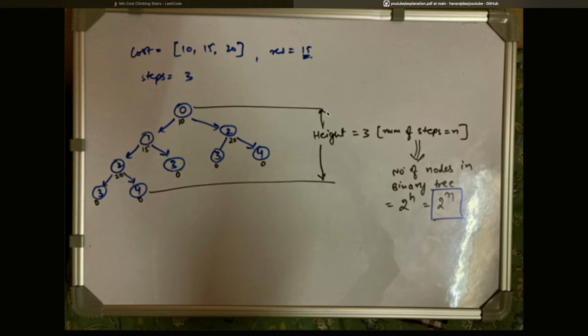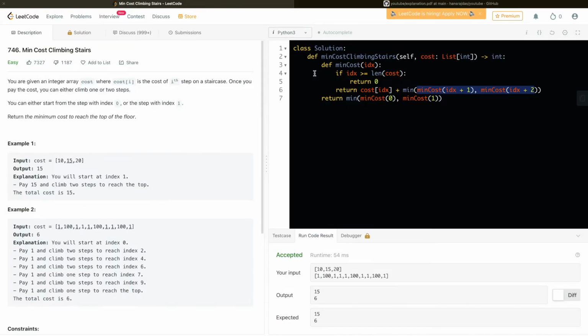If the height of a balanced binary tree is n, the total number of nodes that are possible in that tree will be 2 raised to power n. So the complexity of this solution will be 2 raised to power n, and that is exponential, and it won't allow us to submit.